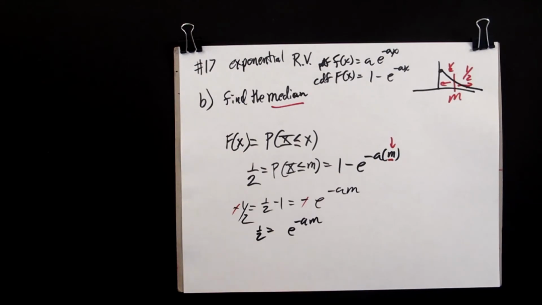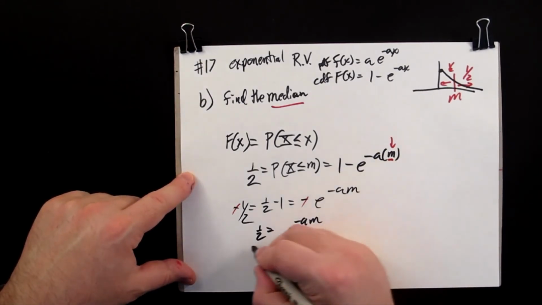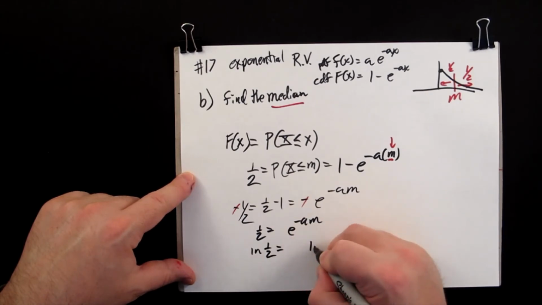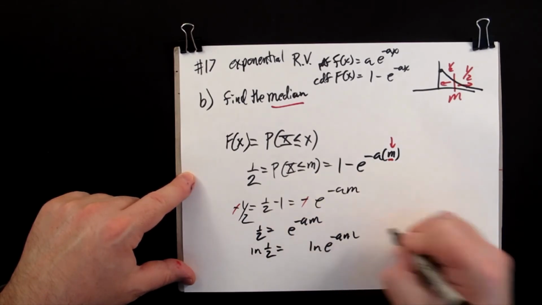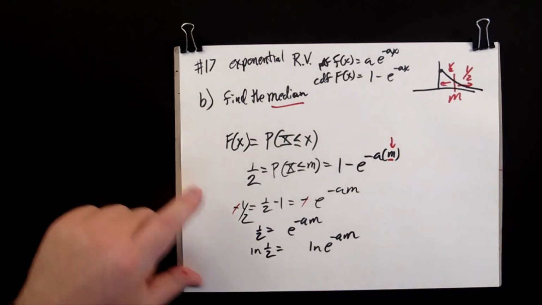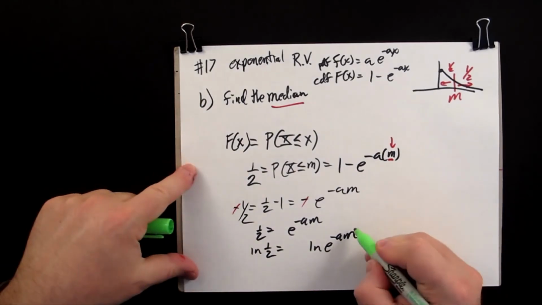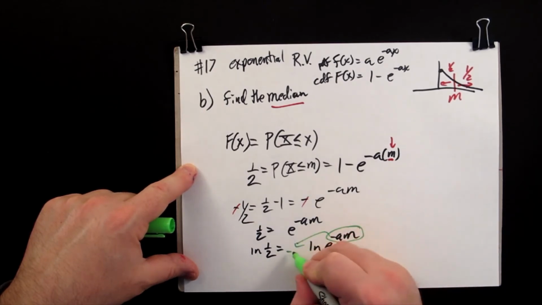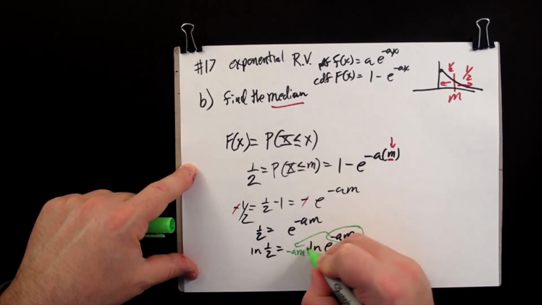All right, now we want to pull this power down, so take the log of both sides. What that lets us do is take this from the exponent and pull it in front, so it's a times there.